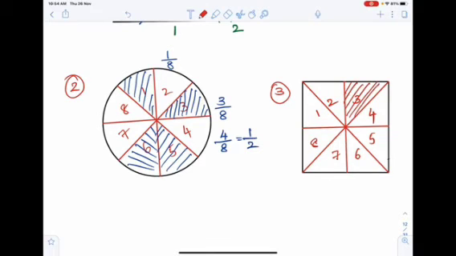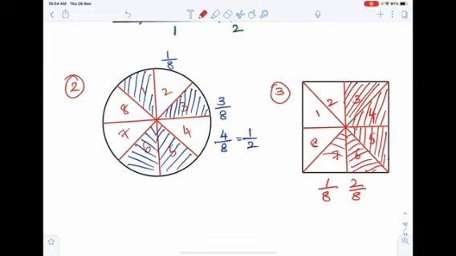So 1 again becomes 1 by 8. If I consider 2, it becomes 2 by 8. Then if I consider 3, and this becomes 4, this becomes 5. So totally I have had 5 parts shaded out of 8 parts. So this is how you equally divide a figure.